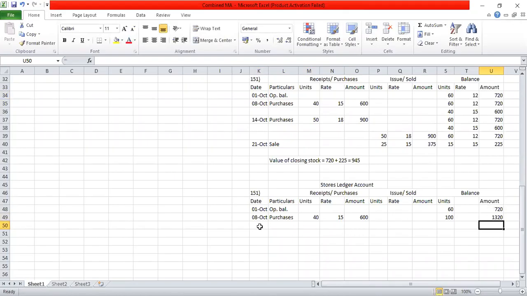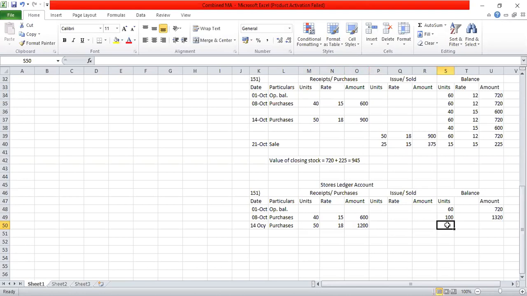Then the next transaction is for 14th October. There's again a purchase. Purchase is for 50 units, at the rate of 80, the value is 1200.